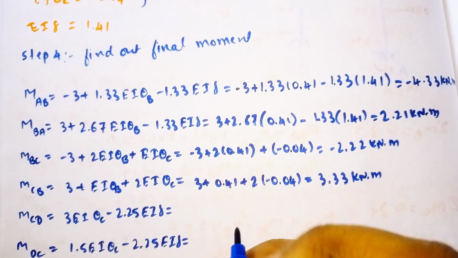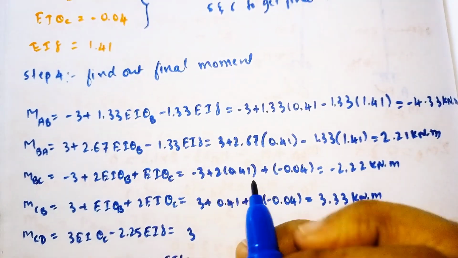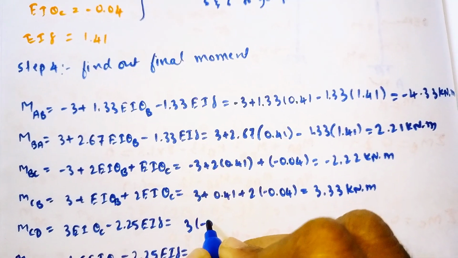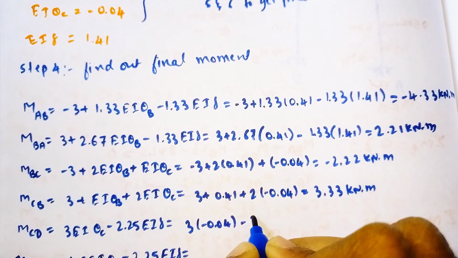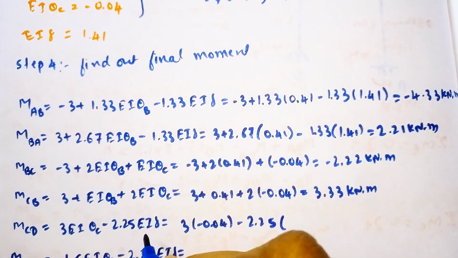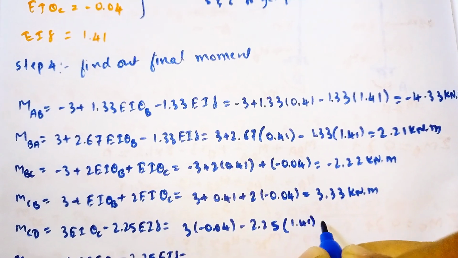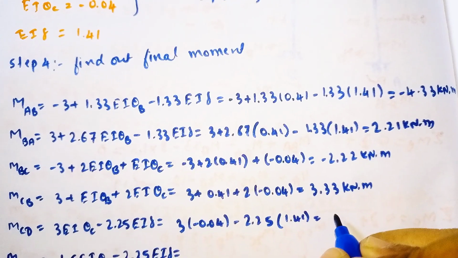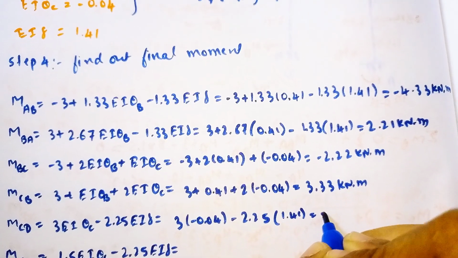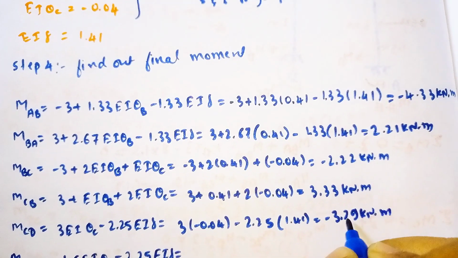So now our MCD is equal to 3 EI theta C, the value is minus 0.04, minus 2.25 EI delta, the value we got was 1.41. So simplify it, it will come out as minus 3.29 kilonewton meter.